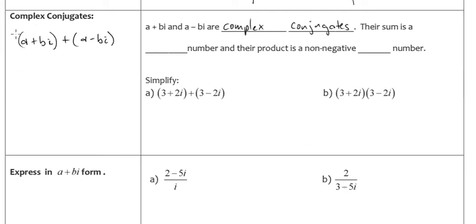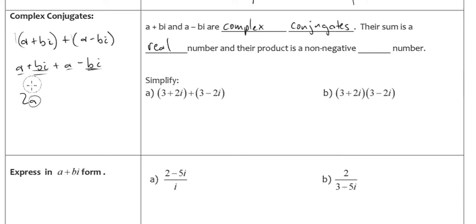Both are plus, and they're both positive ones being distributed, so we have a plus bi plus a minus bi gives us 2a, and then bi minus bi goes away. So their sum, remember a was a real number, a constant, specifically it would be 2 times a, but their sum is a real number.